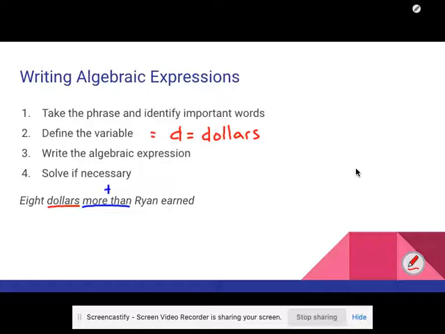Then we need to write the algebraic expression. So $8 more than Ryan earned, which would be dollars plus 8. And in some of your situations, you may write an expression and then they may ask you to solve it. In this situation, we just have to write the expression. There's no solving necessary. So my answer would be D equals dollars and D plus 8.